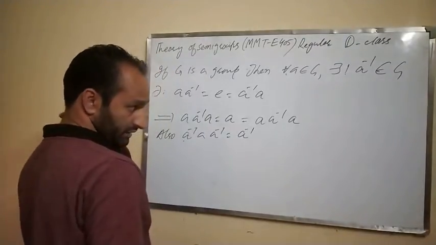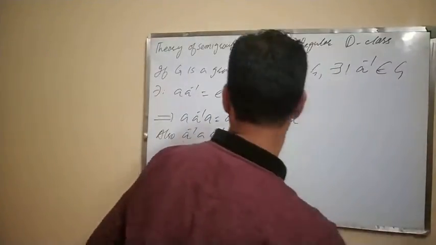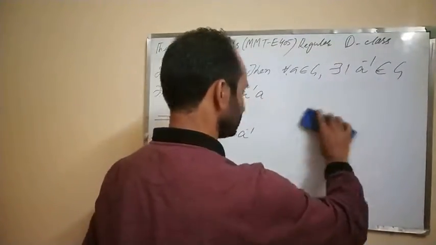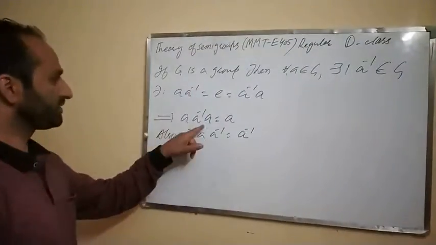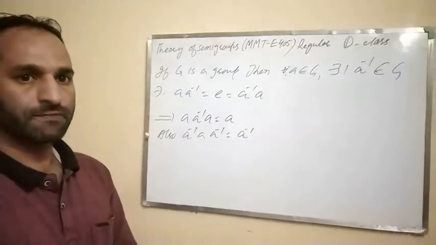So in case of groups, we have A A inverse A is equal to A, and A inverse A A inverse is equal to A inverse.